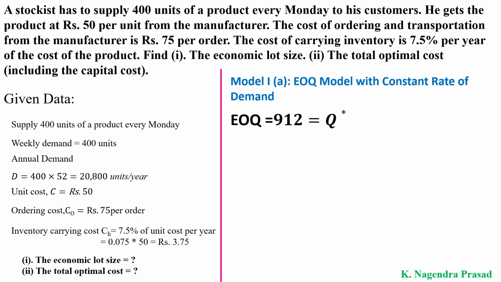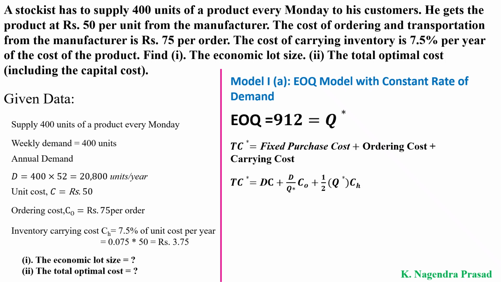Next we determine the total optimal cost. So that is the TC star, which is equal to the fixed purchase cost plus ordering cost plus carrying cost. So purchasing cost equal to D into C, annual demand into unit cost. And ordering cost is the number of orders into ordering cost per order, which is D by Q star into C0.